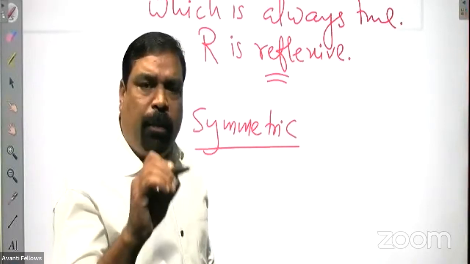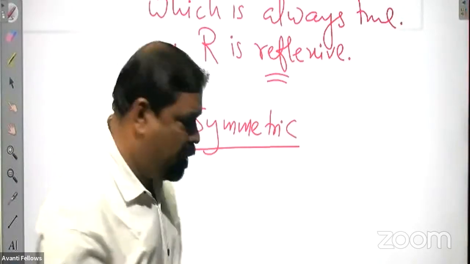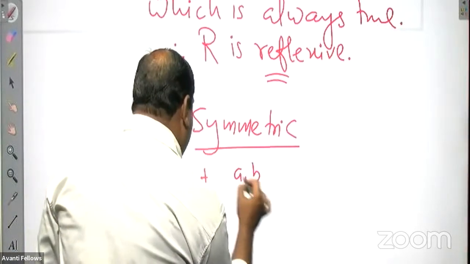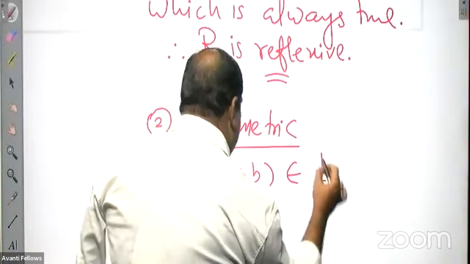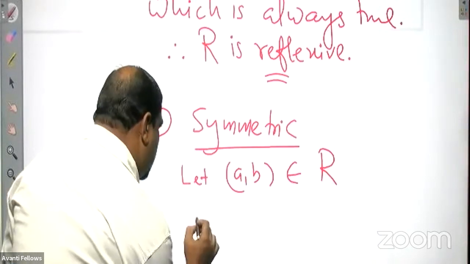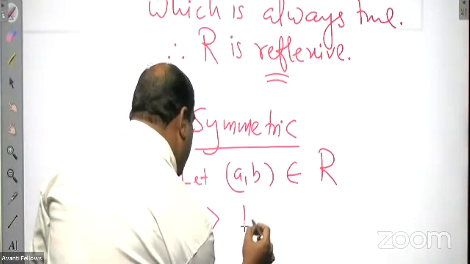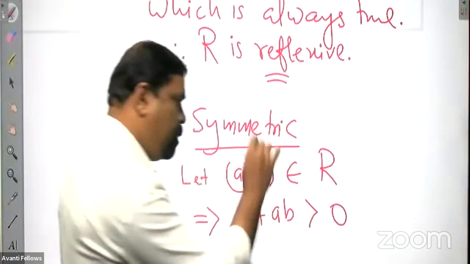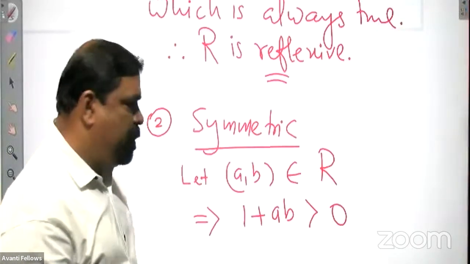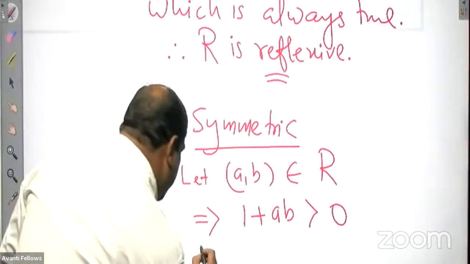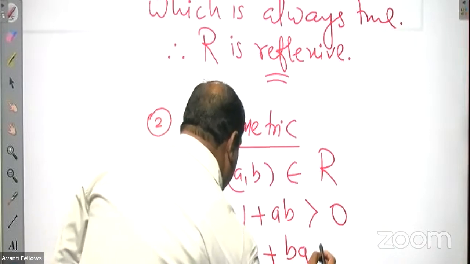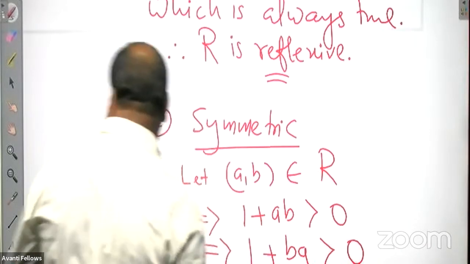Then we will prove that (B, A) is also in the relation. So let (A, B) belong to the relation, which implies 1 plus AB is greater than 0. That is the relation. So this implies 1 plus BA is also greater than 0.